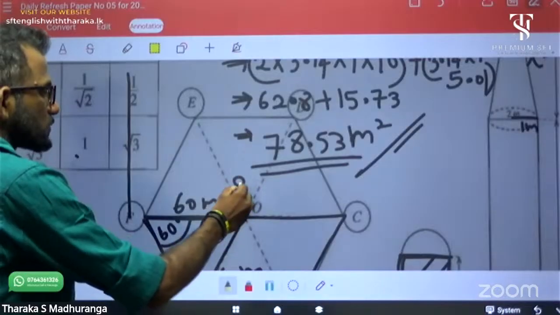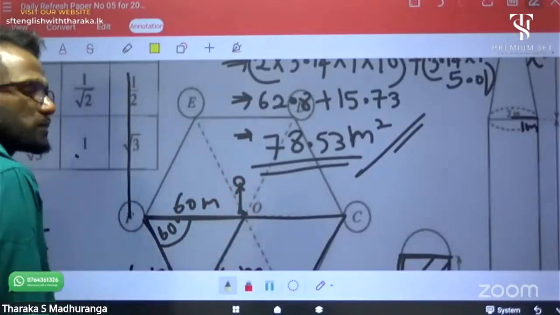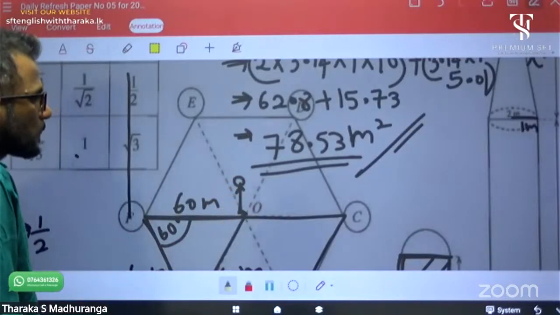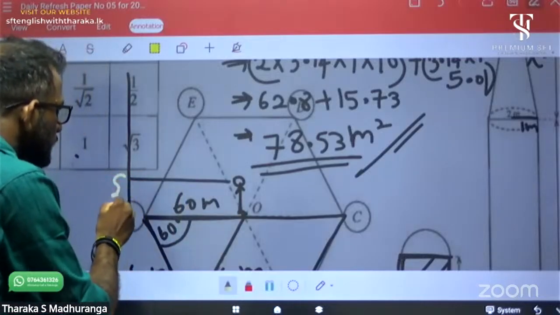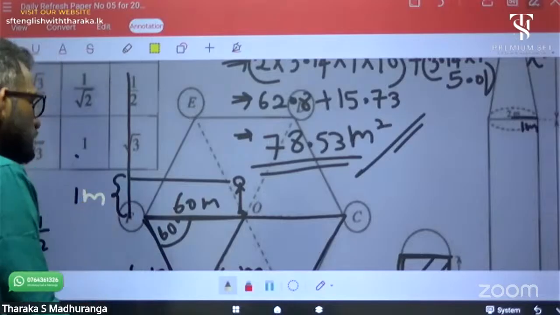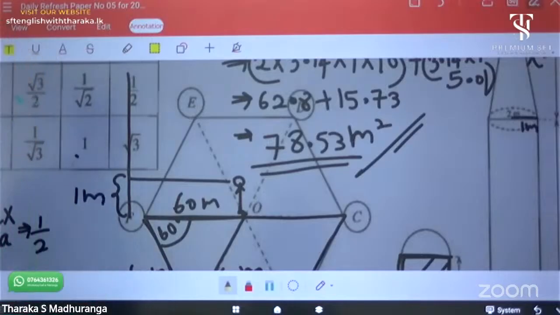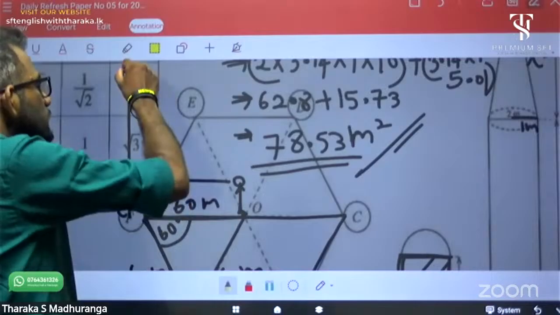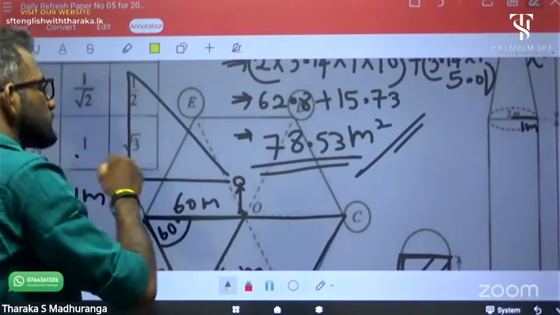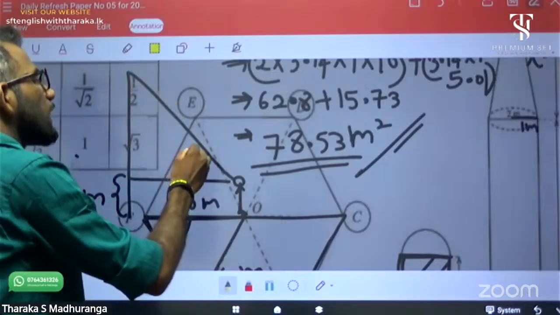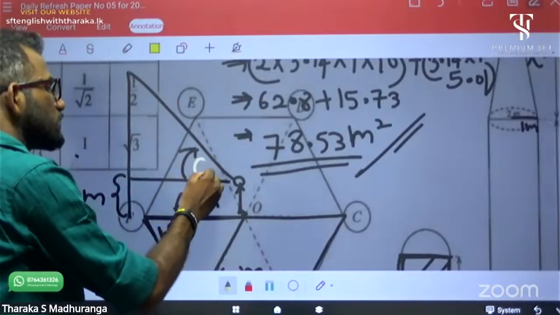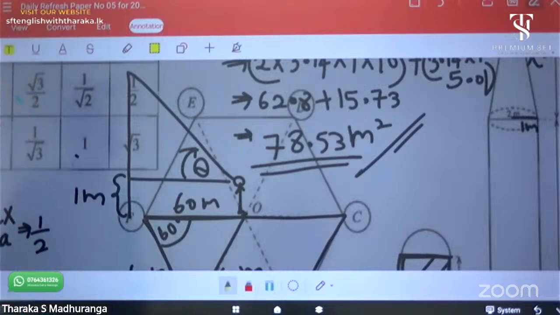This is a boy. He has 1 meter height up to eye level. The question asks for the angle of elevation. This angle is theta.